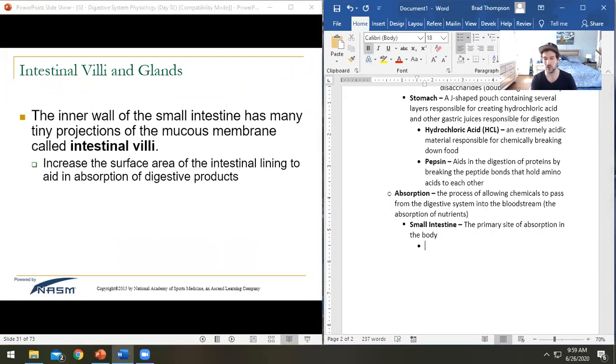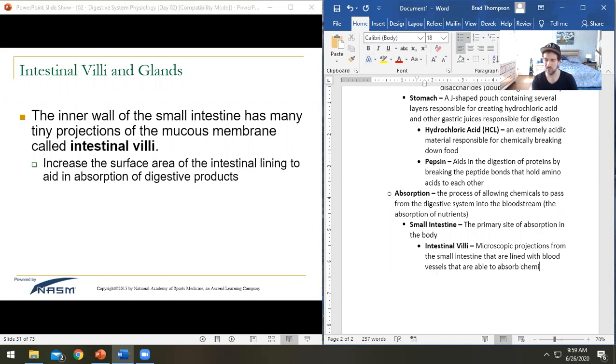So we need to understand that you have your intestinal villi, which are small, microscopic projections from the small intestine that are lined with blood vessels that are able to absorb chemicals and nutrients.